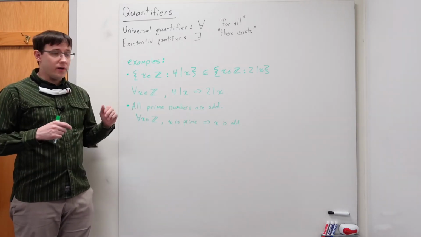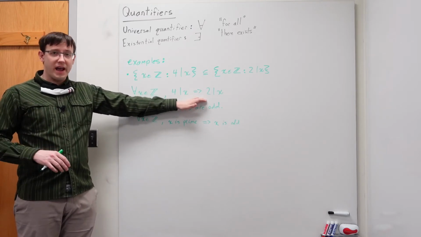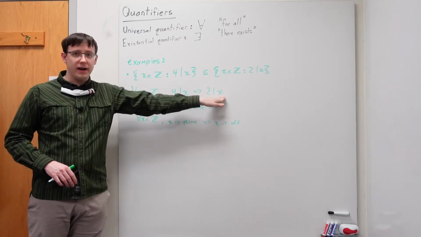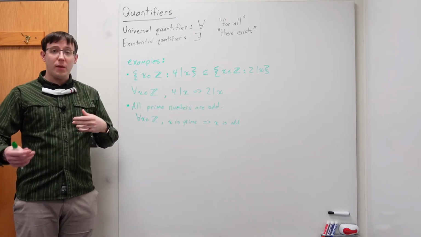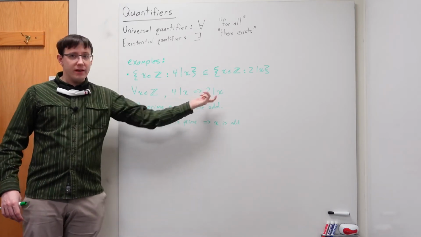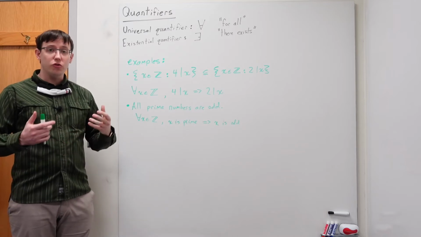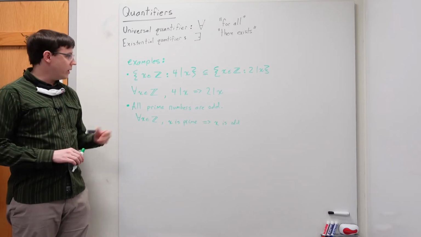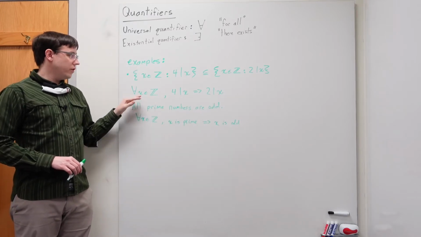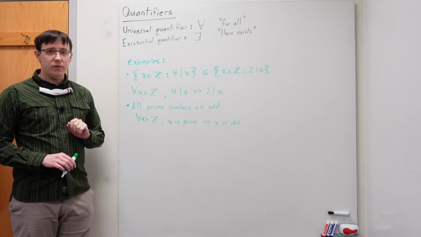So the quantifier applies to some statement that we express in Boolean algebra. Here, 4 divides x and 2 divides x are each propositions that can be true or false, and the if-then relationship between those propositions can also be true or false. And so we are saying that this proposition holds for all elements of the set of integers.